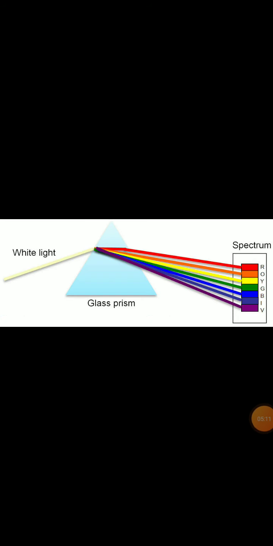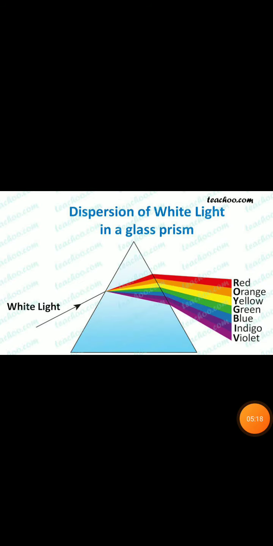As we have discussed, a spectrum is the pattern of colors which is obtained. Who did this experiment to get this? You need to remember that Isaac Newton was the first to use a glass prism to obtain the spectrum of sunlight.